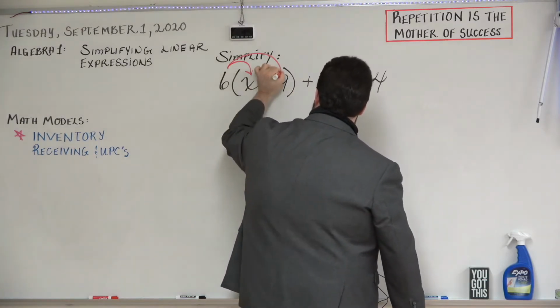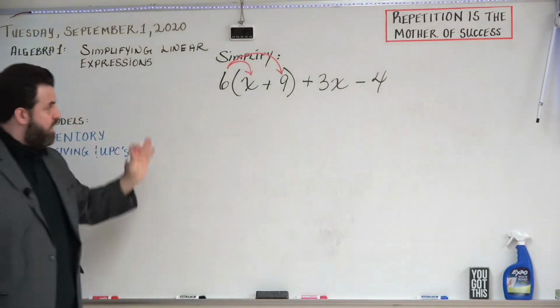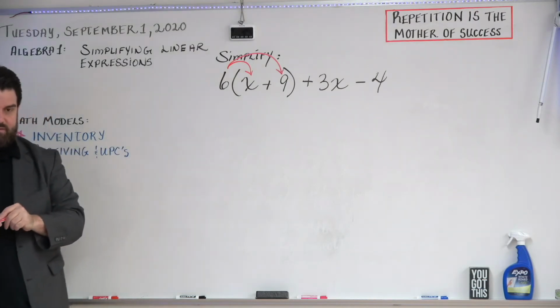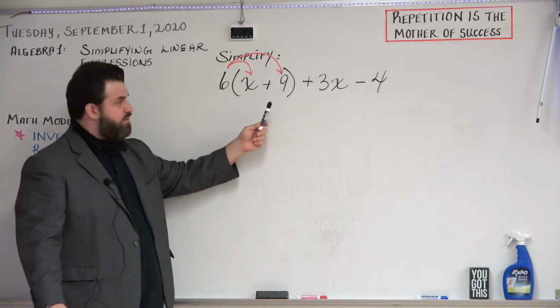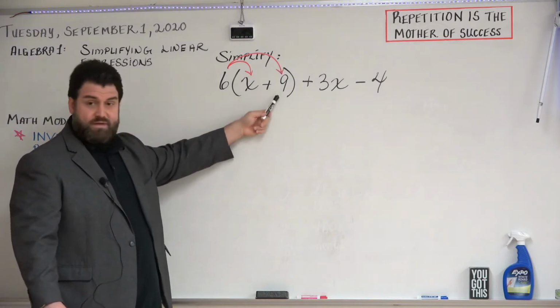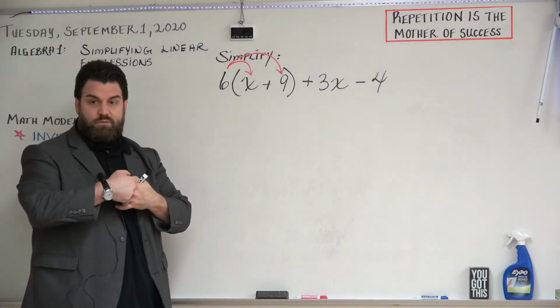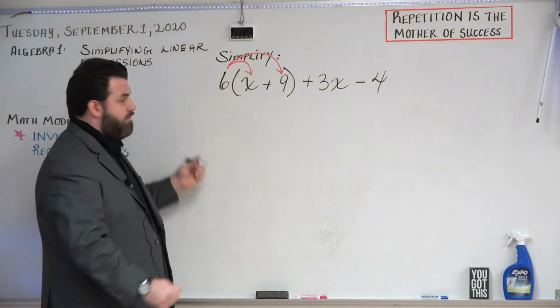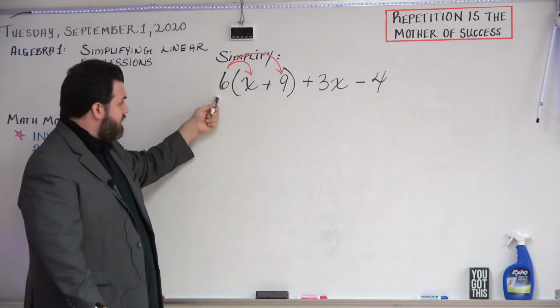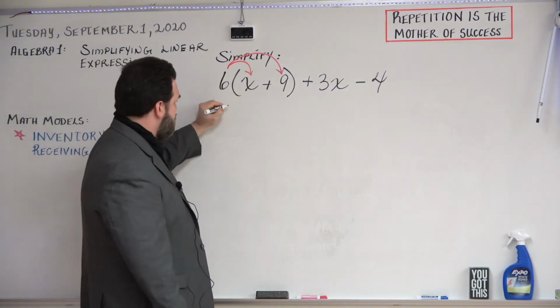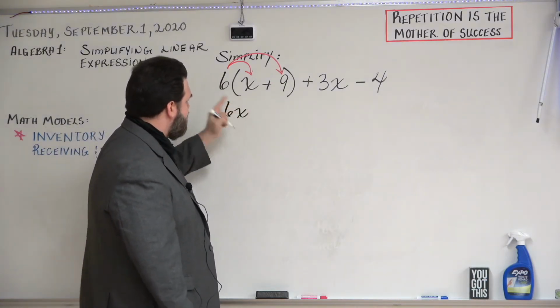We draw the lines to point to where we're going to multiply. If you look inside the parentheses, we can't combine a variable with a constant. They are like oil and water. They're unmixable. But we can multiply 6 times x and 6 times 9. What is 6 times x? Just 6x. How about 6 times 9?